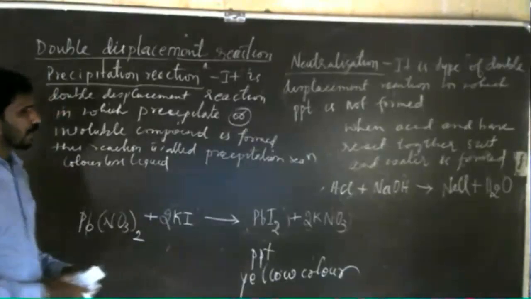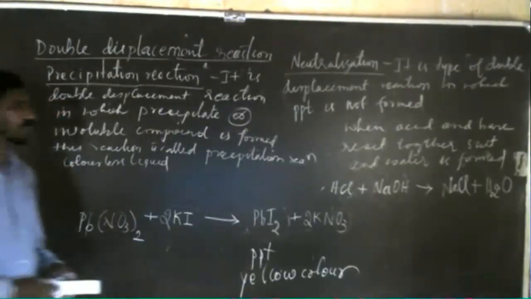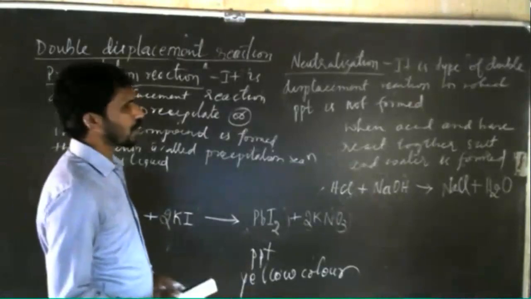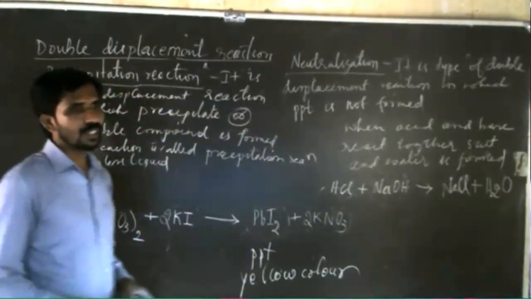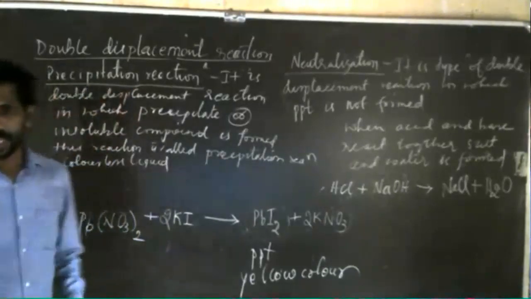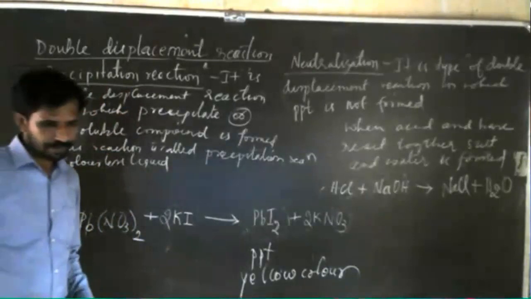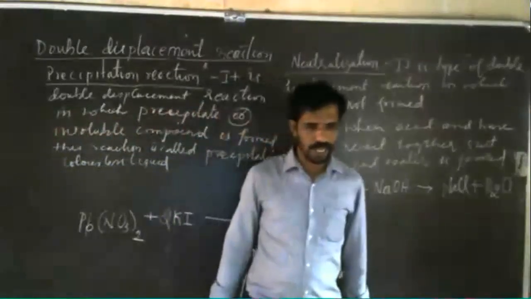Here no PPT is formed. That's why this reaction is called neutralization reaction. It's called neutralization reaction because PPT is not formed. If PPT is not formed, then it is called a neutralization reaction.